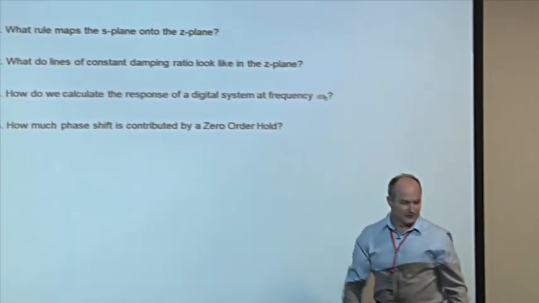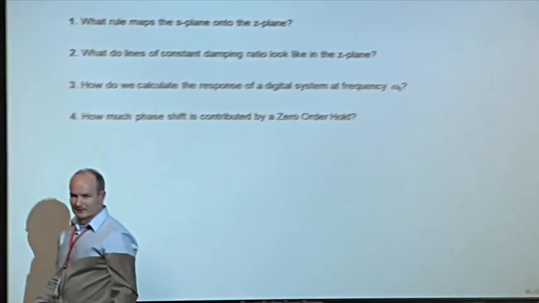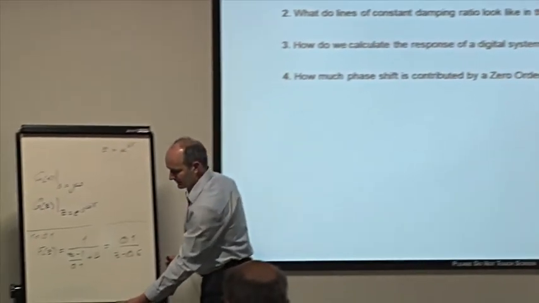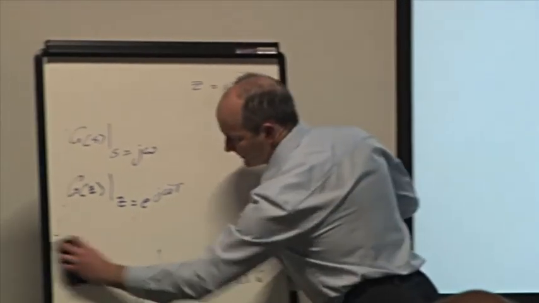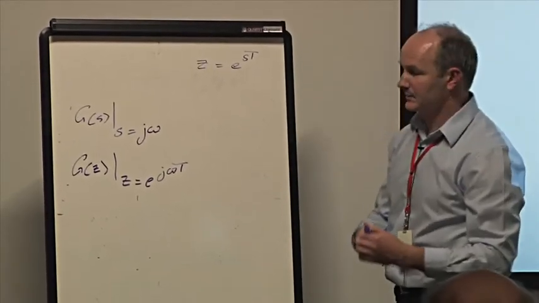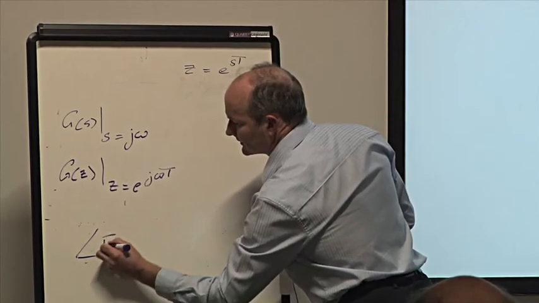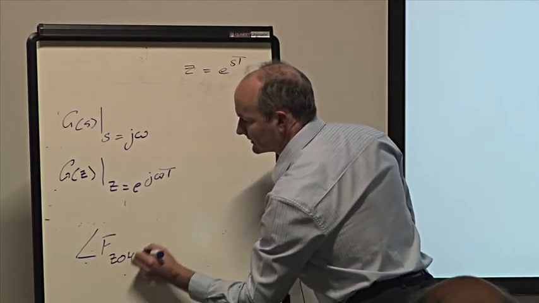How much phase shift is contributed by a zero-order hold? I don't know why people don't seem to get this one. I'm going to have to revise this slide. So the phase angle of a zero-order hold, I think I wrote it like this.